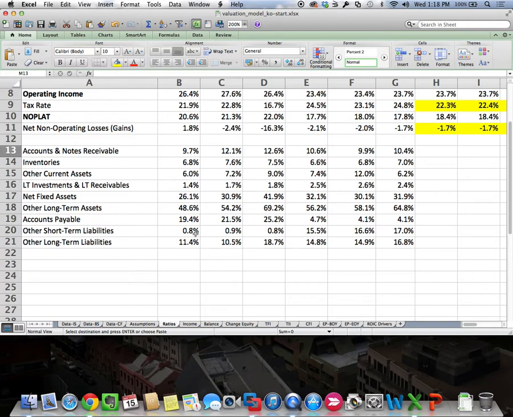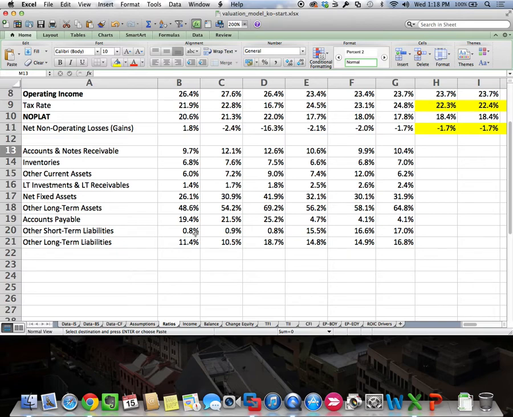Now, because we have ratios, we can always change the ratios to sales to change the productivity assumptions. But at least if we leave the ratios tied to sales, it will grow or shrink the balance sheet. Which means when we get to CFI, it will grow or shrink gross investment. So as the company grows, the balance sheet grows. As the balance sheet grows, gross investment grows. And it will create the gross investment for us that measures that level of productivity.